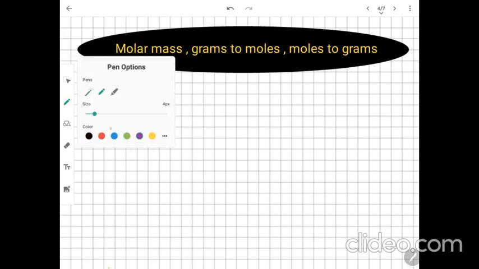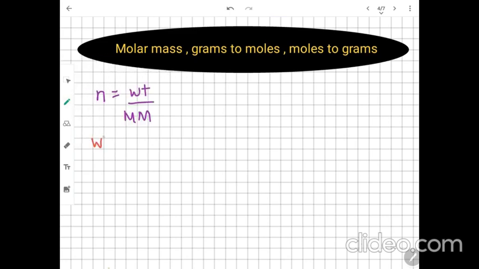Here, n is your moles, and your weight is your weight or mass. Take note, sa physics hindi magkaparehas ang weight and mass, ha? Ang weight ay may kinalaman sa gravity, ang mass naman ay walang kinalaman sa gravity, okay?